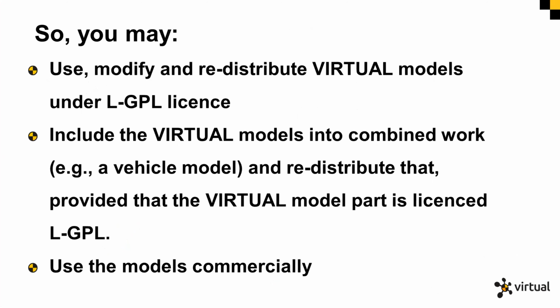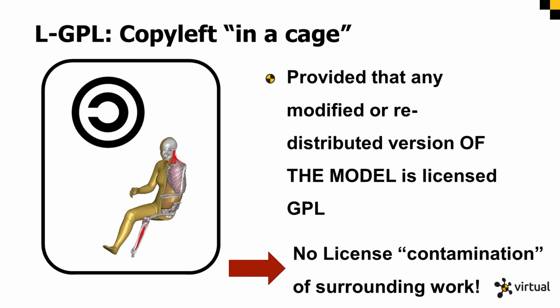That's the reason that we chose the LGPL license for our models, because we explicitly want to allow the model to be embedded into surrounding work, such as, for instance, a vehicle model, and that you can do whatever you want with that combined work, while the actual model, the human body model, is always subject to the LGPL license, whereas the surrounding work does not inherit that license.